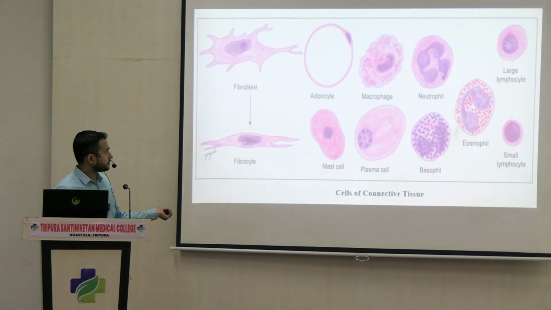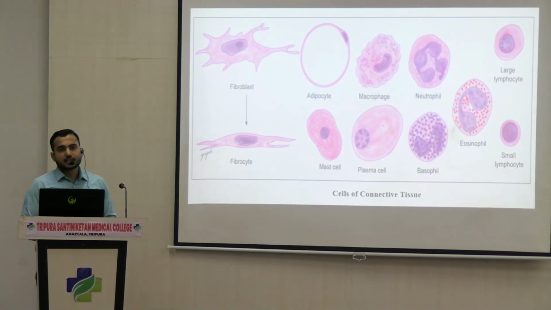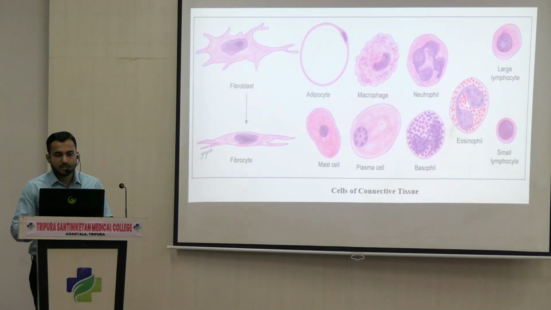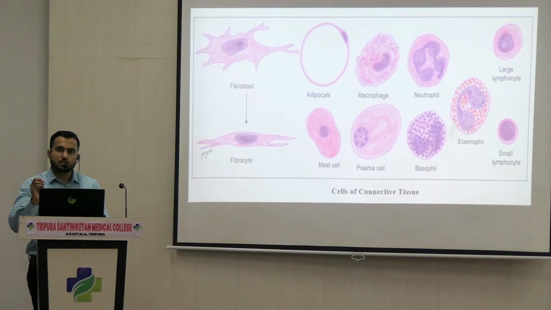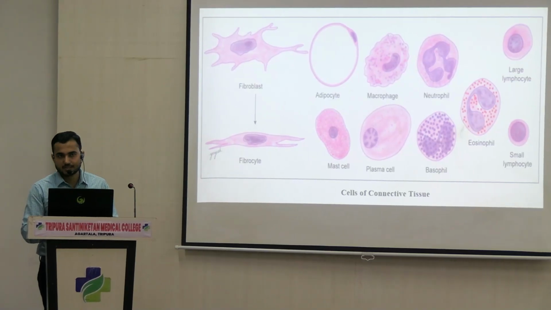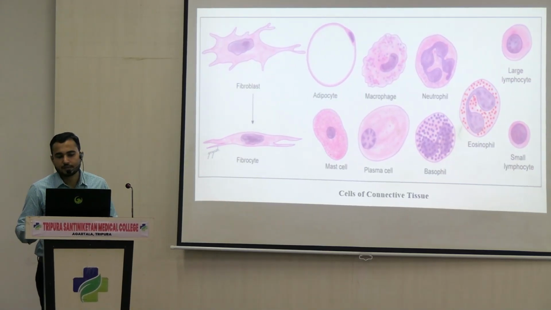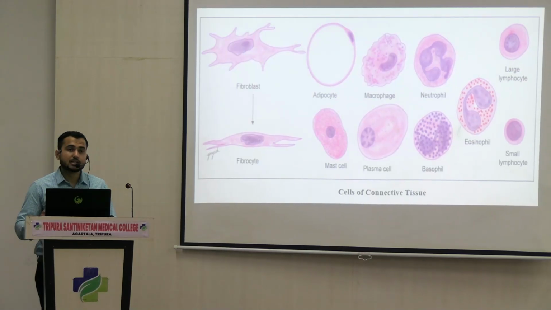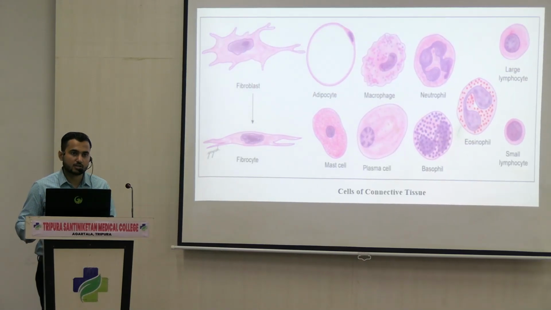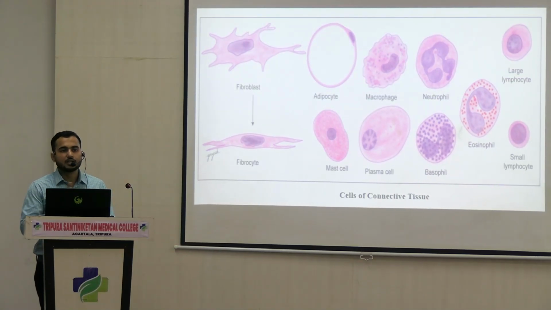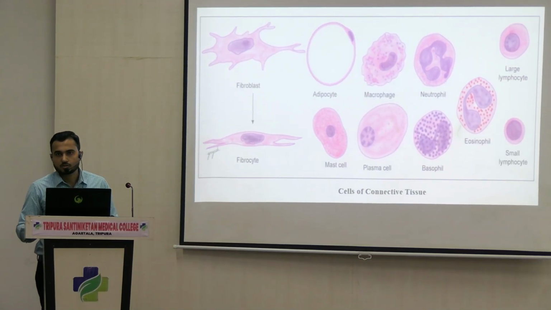Now here is the diagram. In this diagram you can see the different types of cells. First, the most common, the most abundant cells present in the connective tissue, are fibroblasts. They have a very important function, because the production of the extracellular matrix and the fibers is done by the fibroblasts.